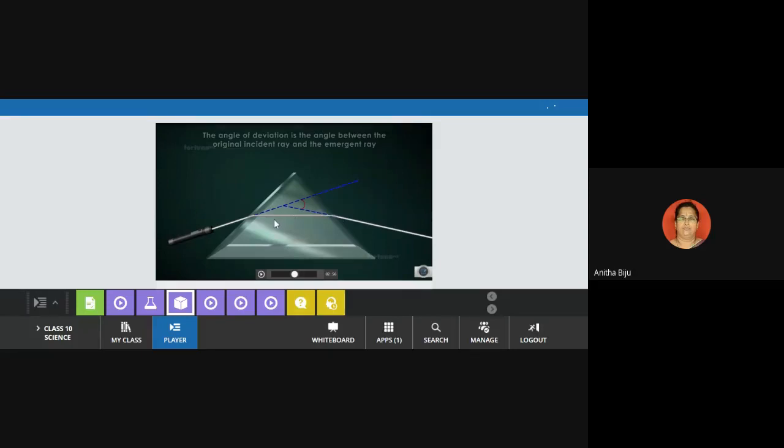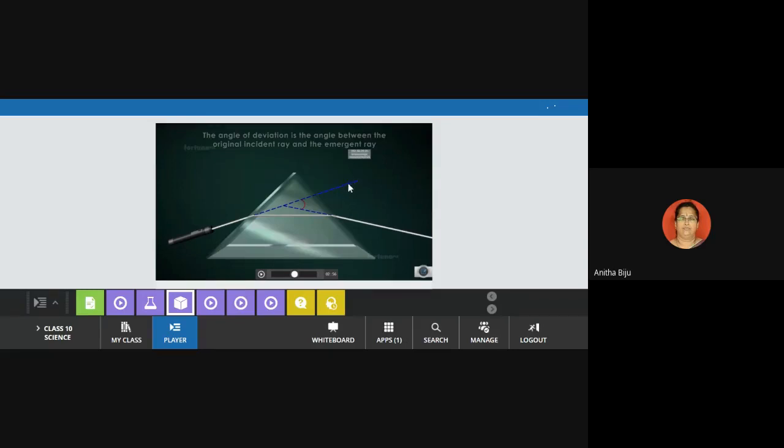Suppose refraction will not take place, then what will happen? The incident ray would naturally, originally move to this side. You can look at these blue dotted lines.